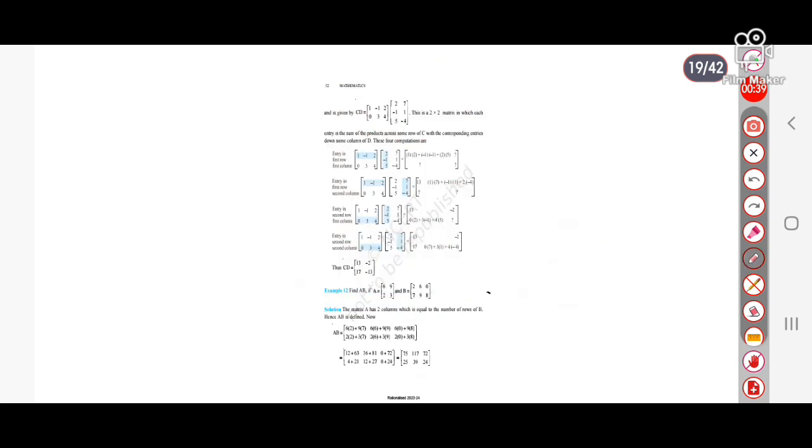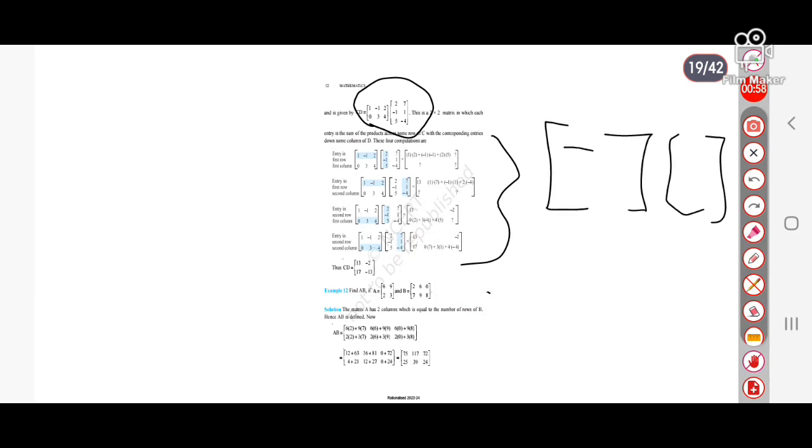This is the general process of multiplying two given matrices. Say, for example, they have taken a 2 cross 2 matrix in the question. This is the matrix that is to be multiplied. Say this will be multiplied with this, and that will be the first step. Then the next step will be multiplied with this, that is, row 1 will be multiplied by column 1 and column 2.